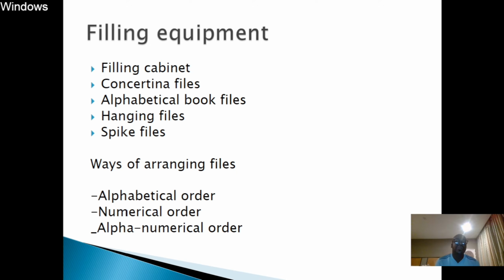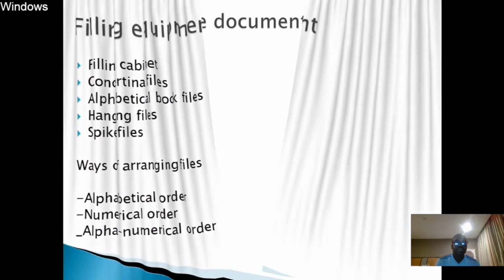So we're going to arrange them alphabetical, A, B, C, D, E, F, G, H. We're going to arrange them in a numerical order, 1, 2, 3, document number 1, document number 2, document number 3, and the likes. We can also arrange files according to alphanumerical. That means we're going to have an alphabet and also a number: C1, A1, D12, D15, M13. So those are the orders that we need to arrange our documents.